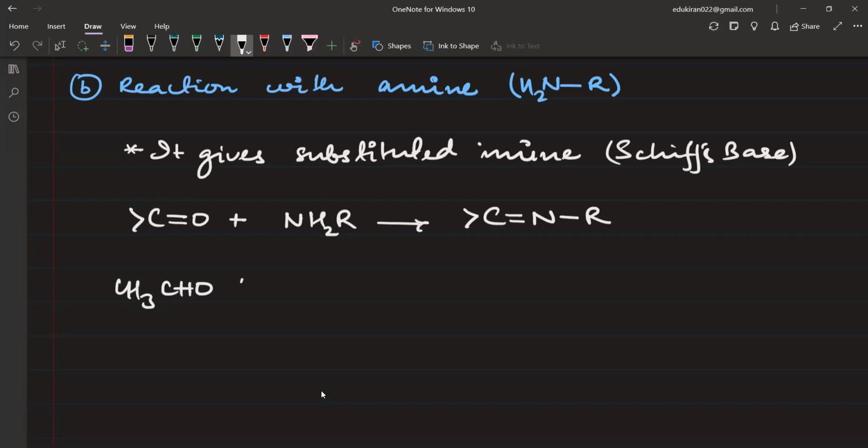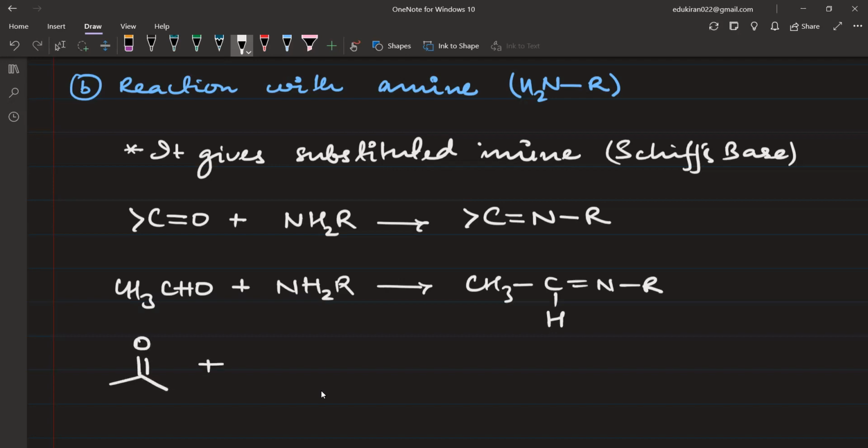CH3CHO plus NH2R is going to give you CH3 single bond C double bond N R, and this will have a hydrogen like this. If you have a ketone, something like this, write CH3 here.